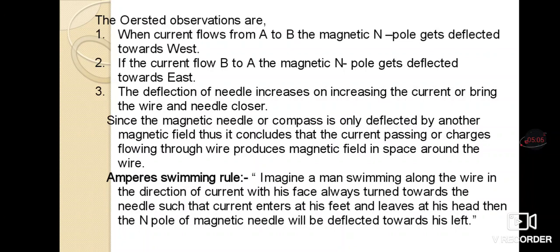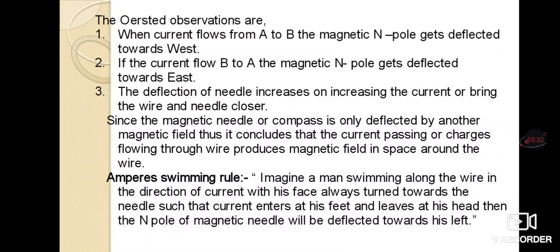Then the north pole of the magnetic needle will be deflected towards his left side. The same observations, east and west, are given with the help of Ampere's swimming rule, where the person swims along the wire in the direction of current with his face always turned towards the needle.